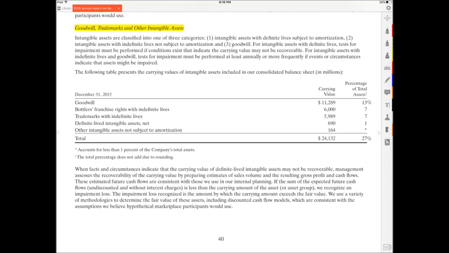But the one thing I wanted to point out here with Coca-Cola, you know that the Coke brand is worth something. I've looked into some companies I've never heard of, and half the company's market value is in goodwill or some kind of intangible asset.